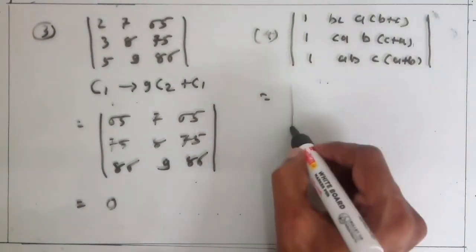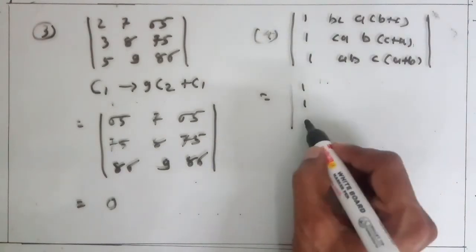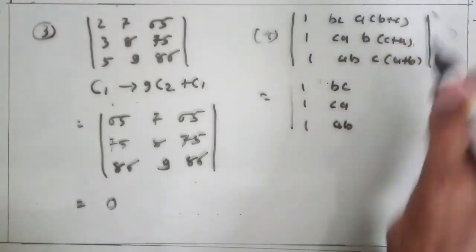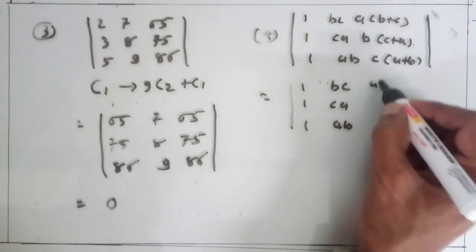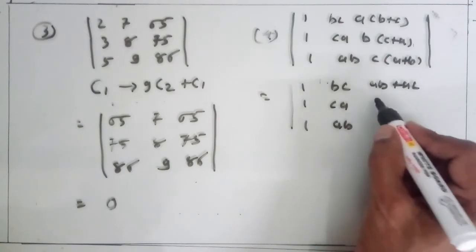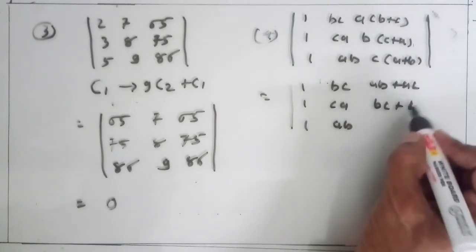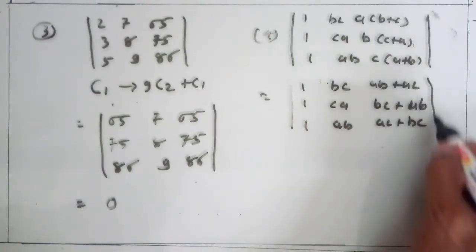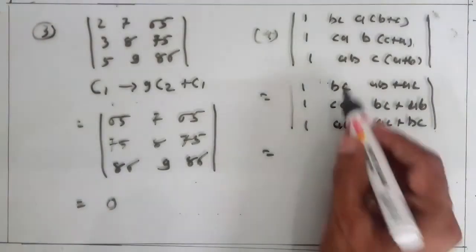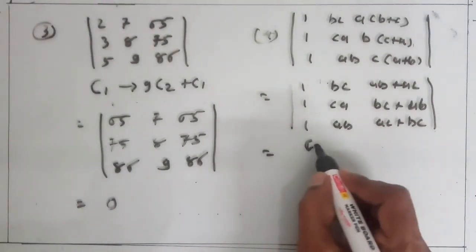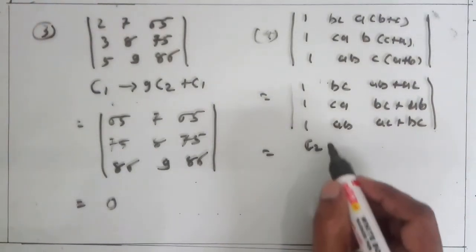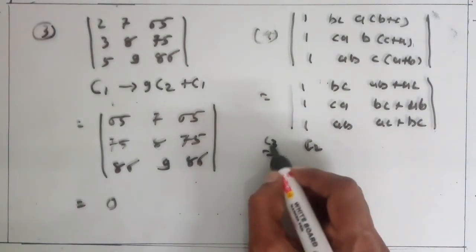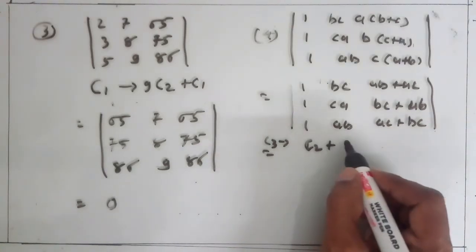So first 1 1 1, BC CA AB, split this bracket, AB plus AC, BC plus AB, and AC plus BC. Now multiplying the second column by 1 and adding it to the third column, that is, the third column becomes C2 plus C3.